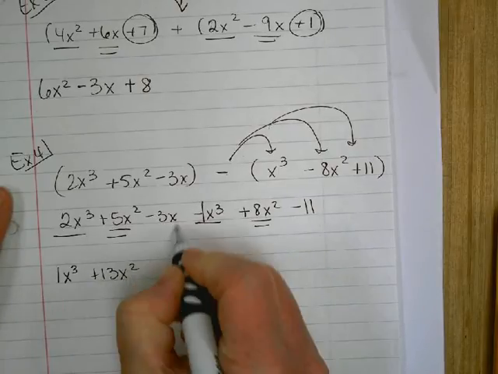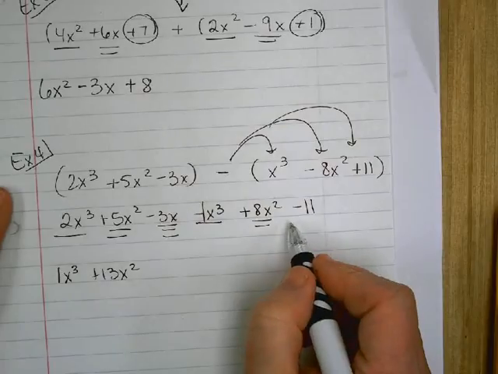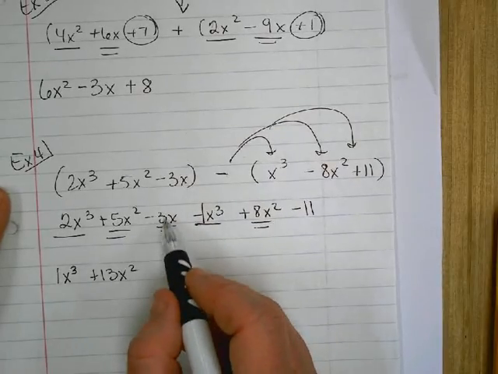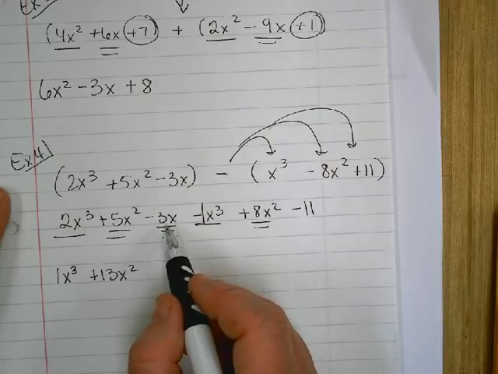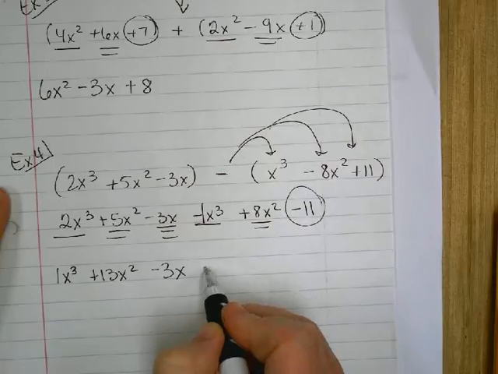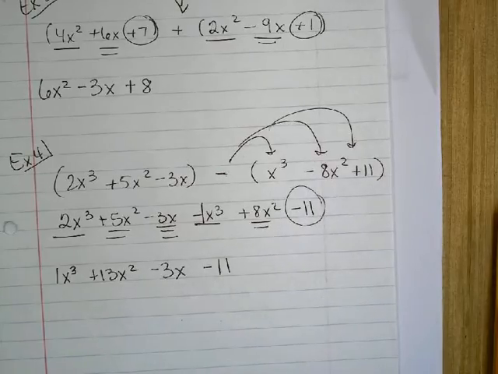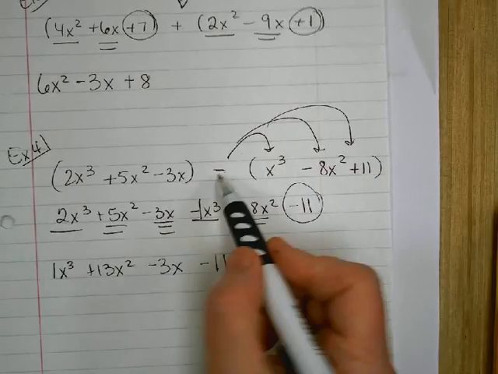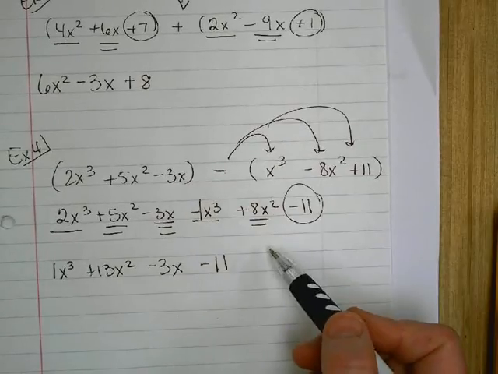Can we just put that first one x cubed? Yeah, you can put it as x cubed. Does anything match negative 3x? No. What about that negative 11? No. Okay. So be careful when you're subtracting because you have to distribute the negative sign.